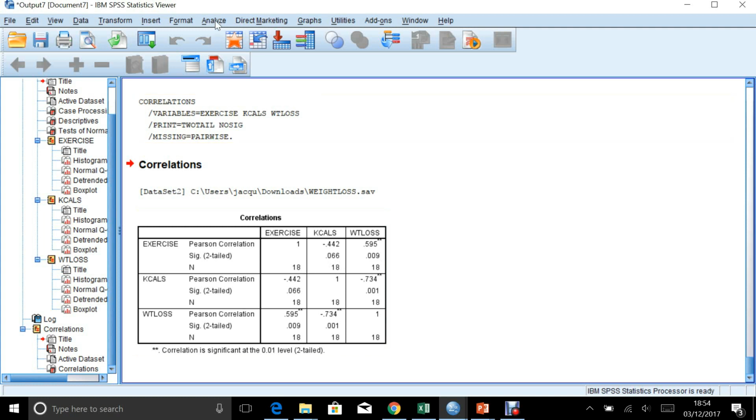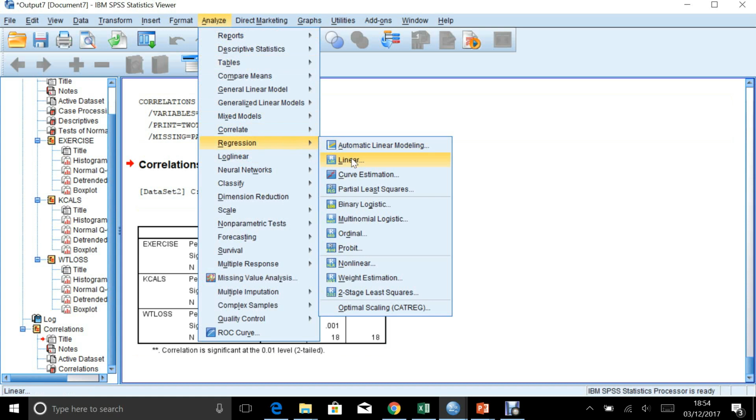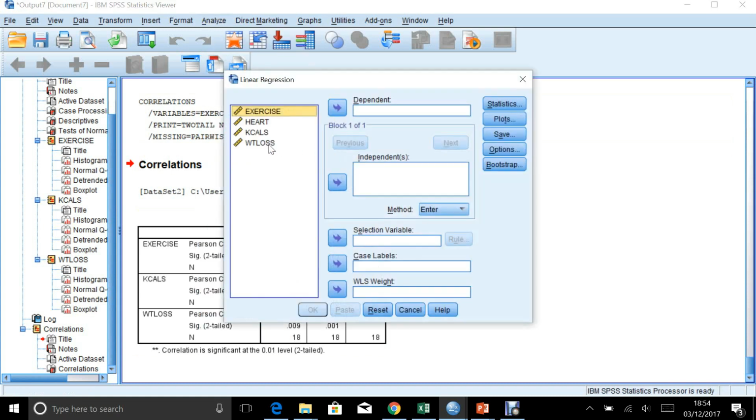So to do the regression, we're going to analyze, regression, linear. Our dependent variable is weight loss, because that's what we're trying to predict. And we're going to do a hierarchical regression where we enter the variables in one at a time in separate blocks. Every time we enter a variable into the regression, the variance associated with that variable is removed. So we can enter them one at a time and look at the change in the R-square value.